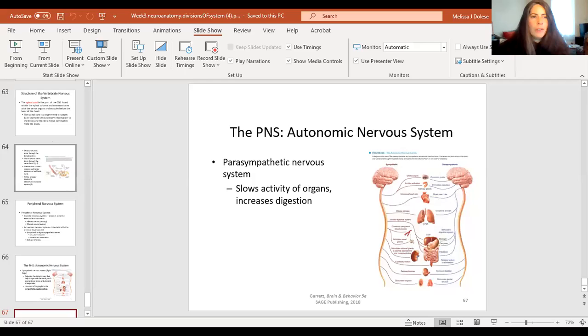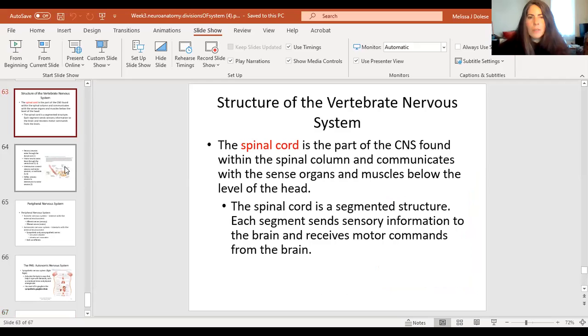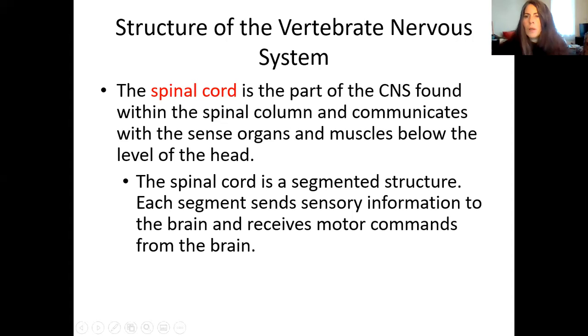So we have very little left to discuss, and some of this I went over in the previous video. But again, part of the central nervous system is the spinal cord. And the spinal cord is a segmented structure, and each segment sends sensory information to the brain and receives motor commands from the brain.